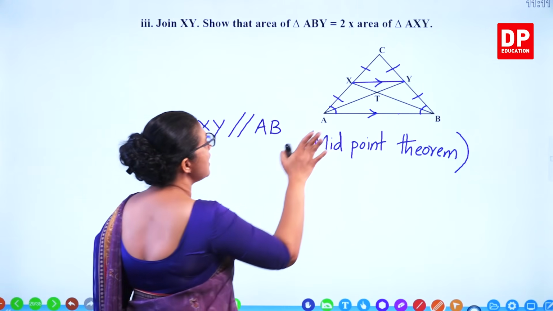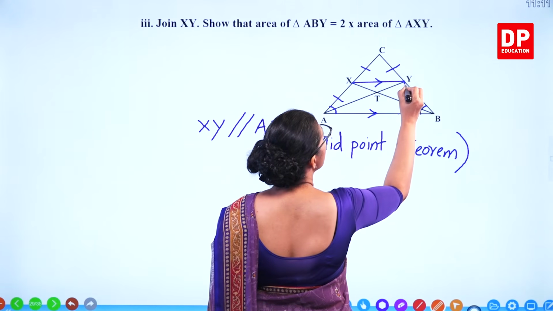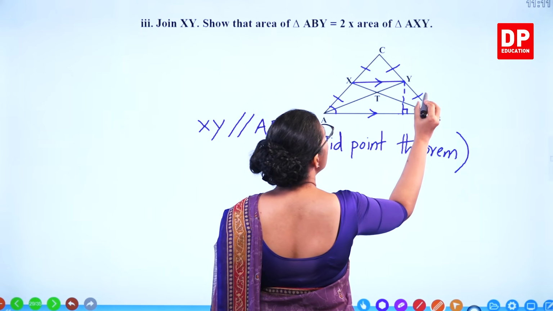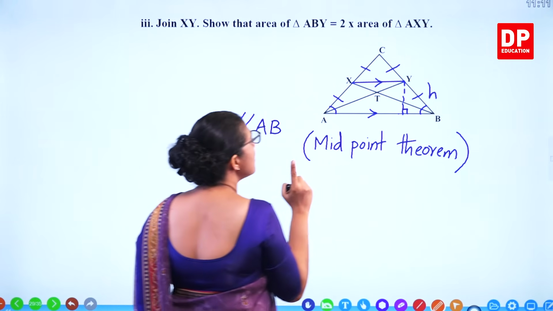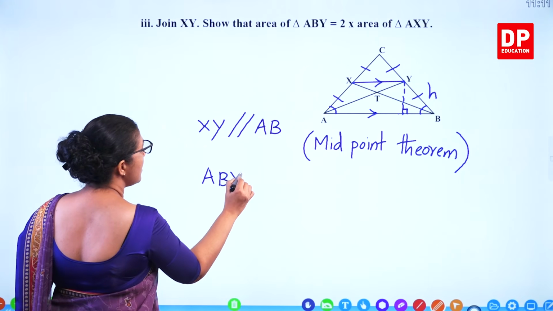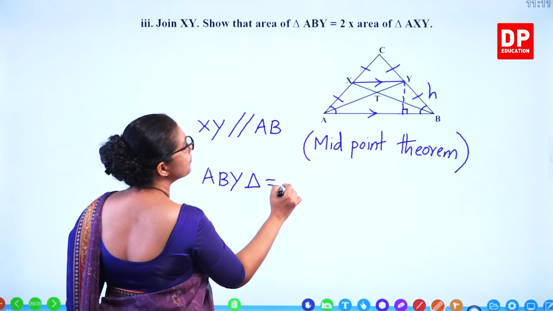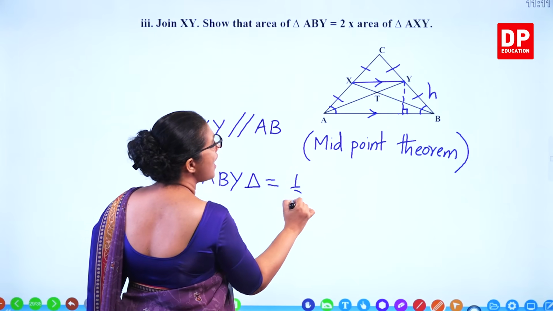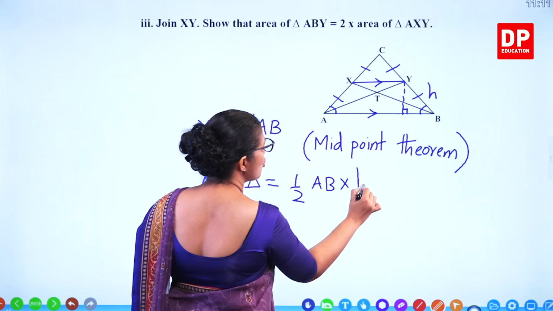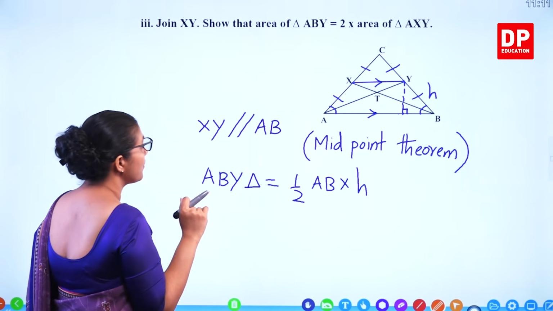So if you want the area of this triangle, if H is the perpendicular height, what is the ABY area? Half times AB times H, where H is the perpendicular height.